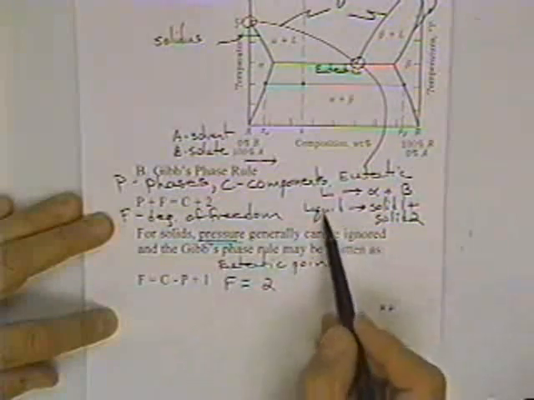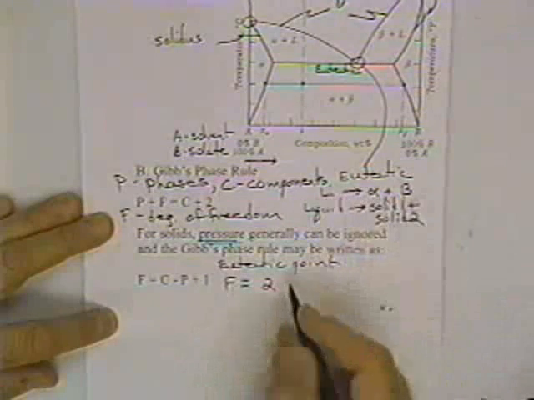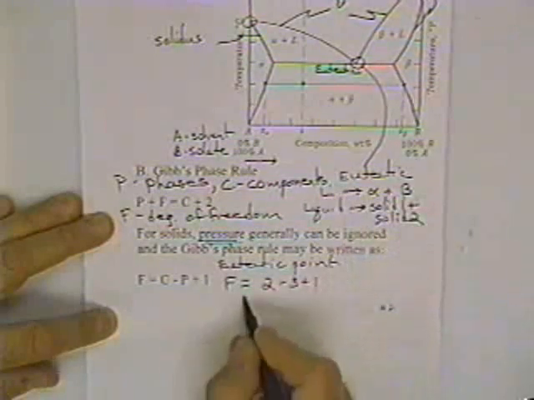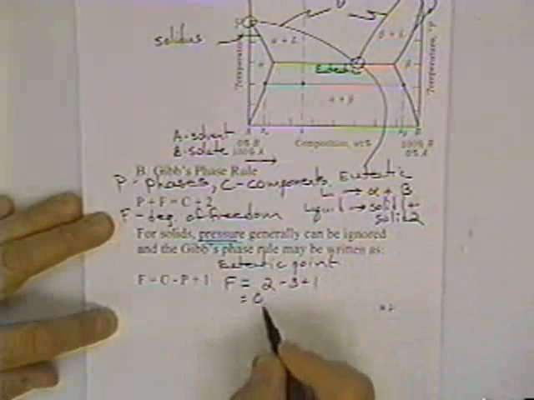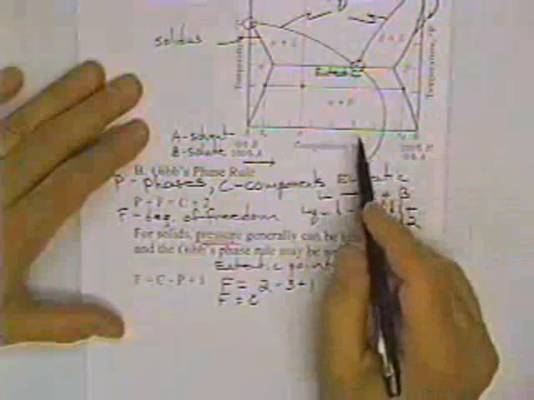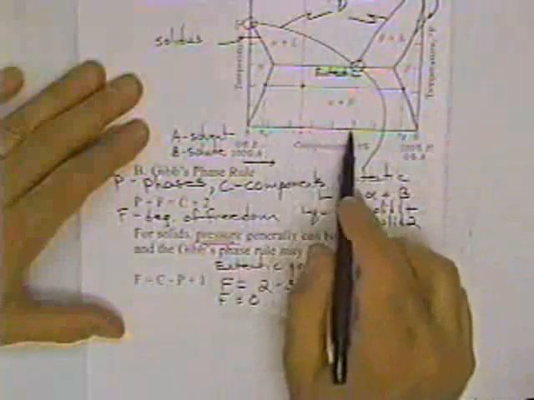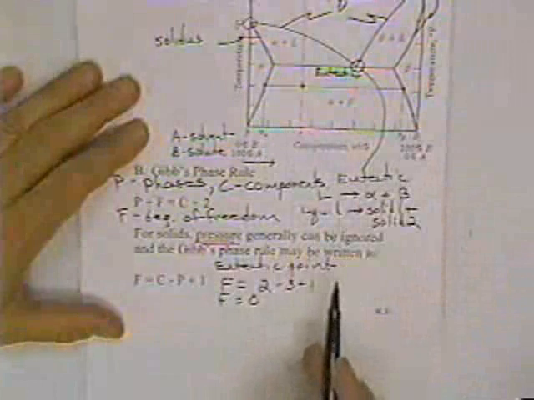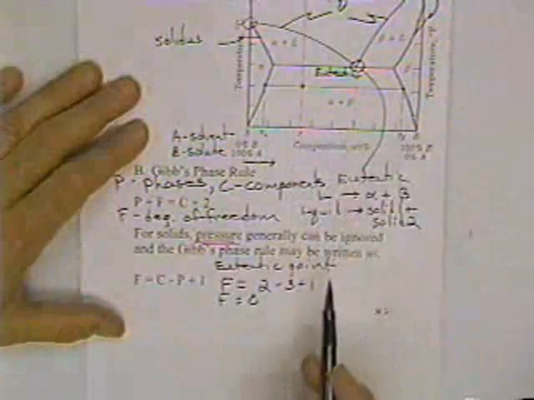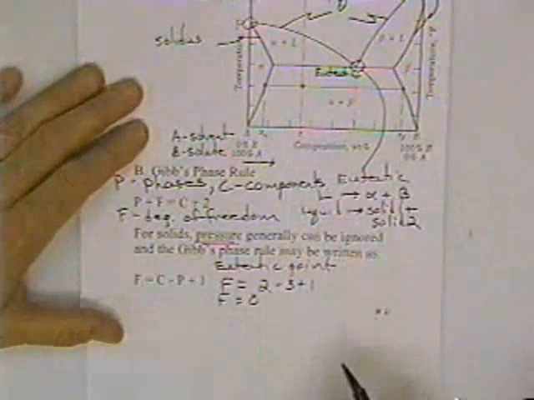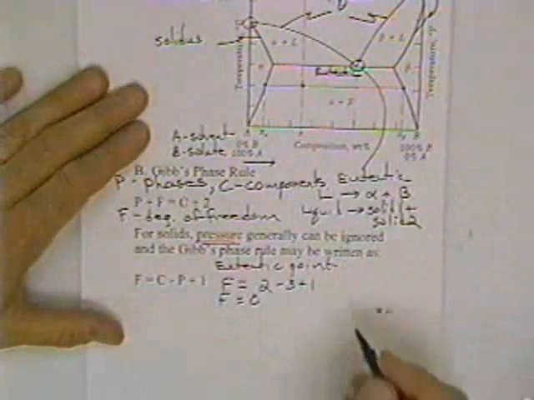Well, we just wrote this reaction right up here. 1, 2, 3 minus 3 phases plus 1. That says that the degrees of freedom are equal to 0. Well, what's that mean? The eutectic point is at a composition of, looks like it's at 5A, so about 60% there.